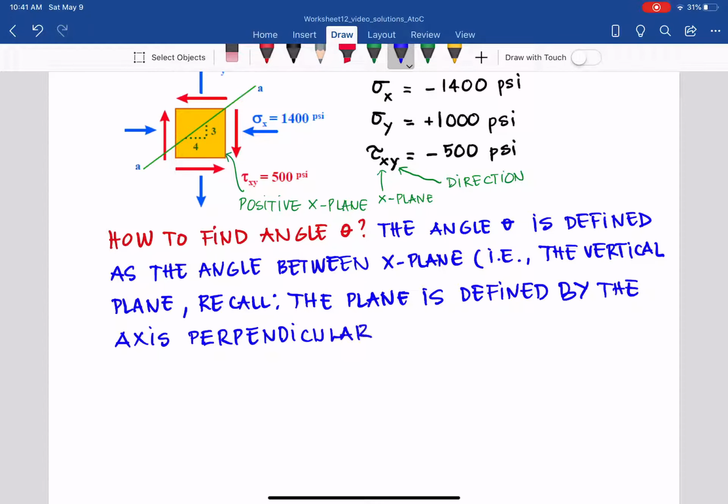Perpendicular to the plane, right? To it.